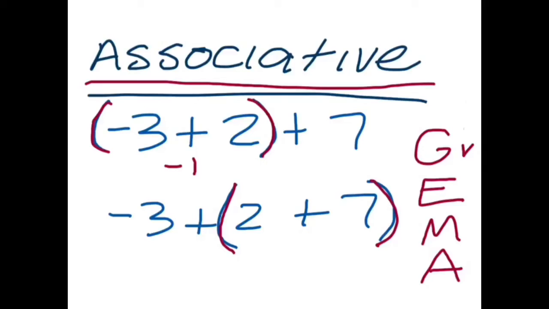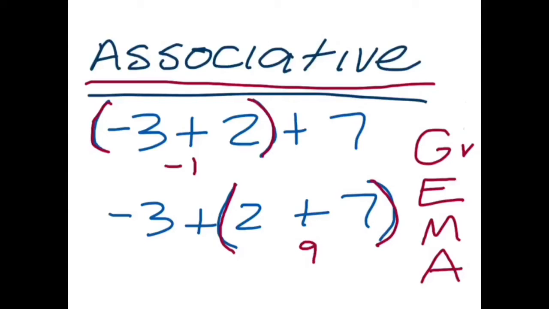Now let's go downstairs. We've got a +2, actually positive because there's no sign in front of the 2, and a +7. If the signs are the same, which they are, you add the numbers, 7 and 2 is 9, and the answer takes the sign of the problem.